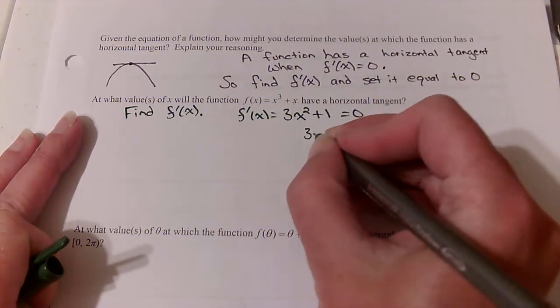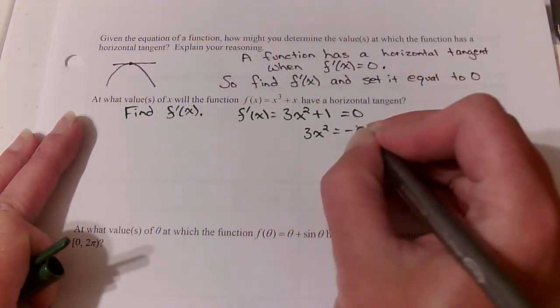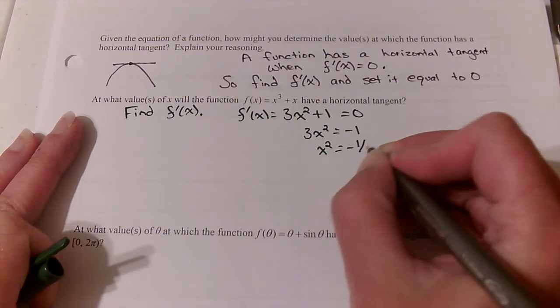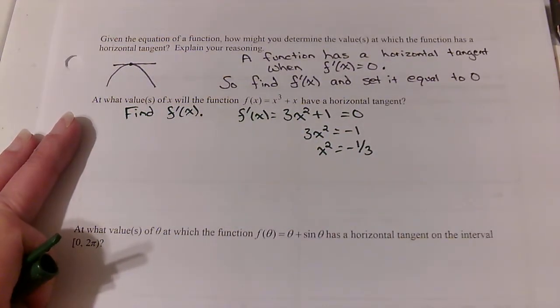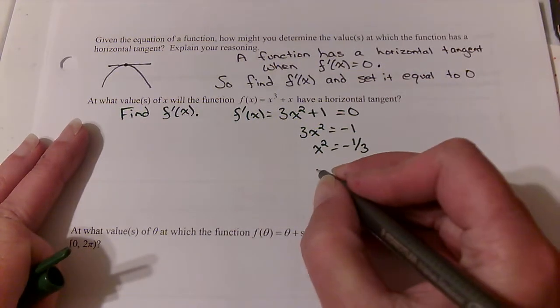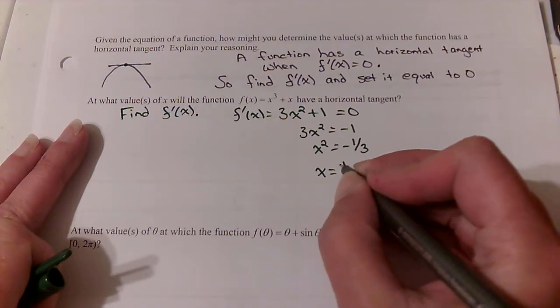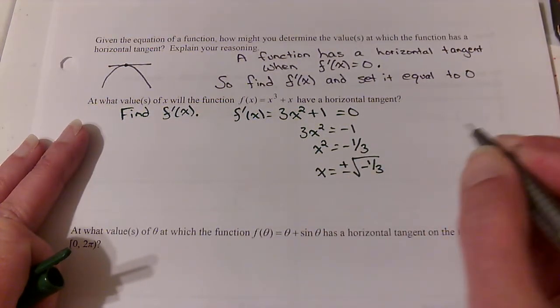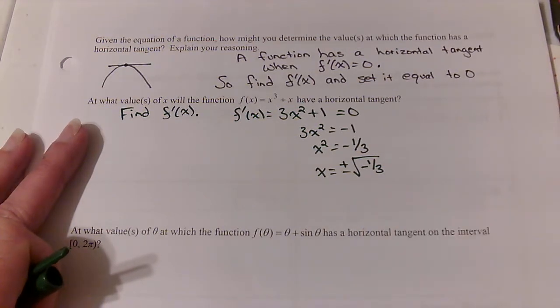So that's going to be 3x squared equals negative 1. X squared equals negative 1. Wait a second. If I try to solve that, I get plus or minus the square root of negative 1/3, that's an imaginary number.